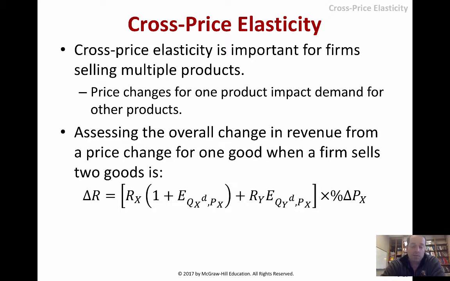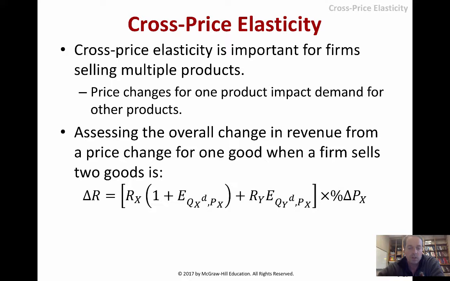Okay. There is a pretty interesting formula that, again, just the notation makes it look worse than it is. This is looking at how, if you have two products, what's the overall change in revenue from a price change in one of those.